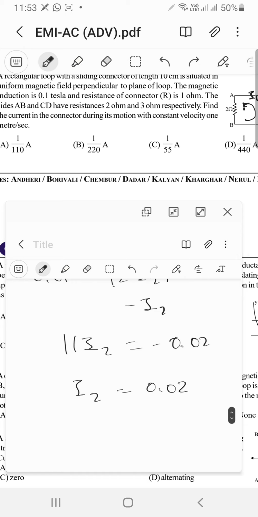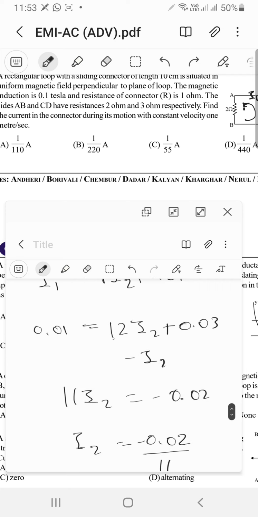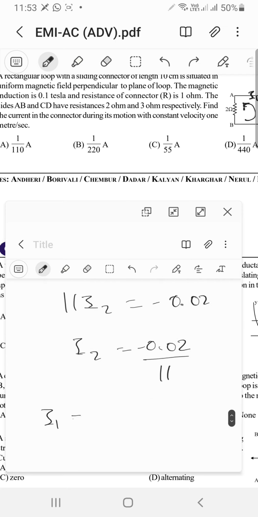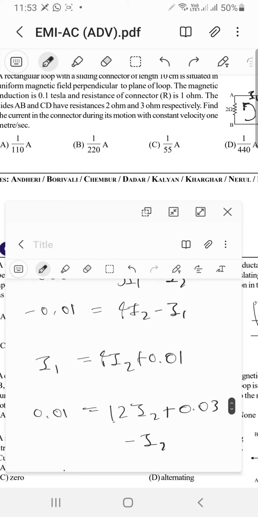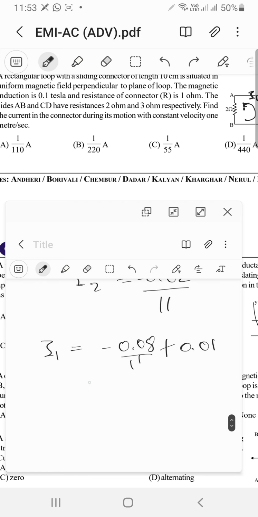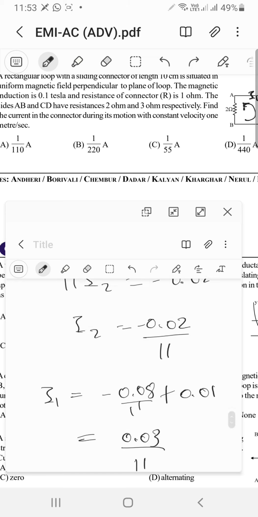So it's 0.02 upon 11, of course in negative, and just put that in this formula for I1. So our I1 is 4 times this, which is negative 0.08 upon 11 plus 0.01. That should be, well, 11 minus 8, that's 3, so 0.03 upon 11.